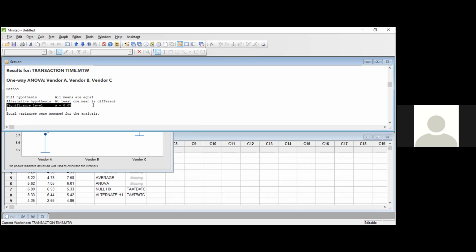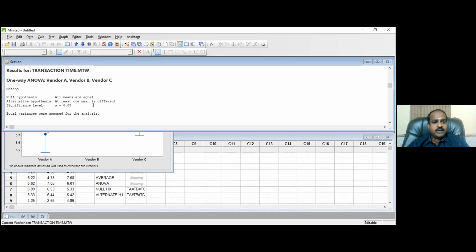We have given 95% confidence level, not 90%, and Minitab has calculated it because there is a relationship between confidence level and level of significance. When I add them, it will be 100%. Now, equal variances were assumed, but actually in real life, you should not assume. You have to test that also. But right now it is an assumption.